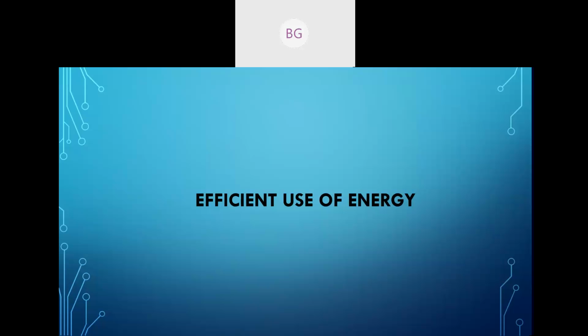The more stars it has, the more its efficiency, that is, it uses less energy and gives us more output. So this is one more method. While buying appliances, we should always see that the star rating is more.